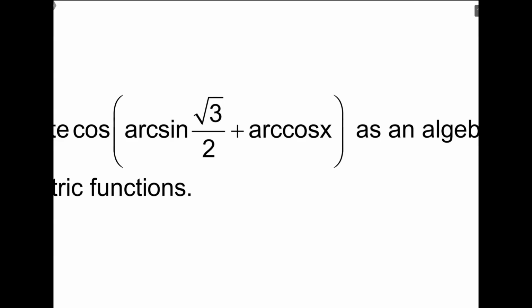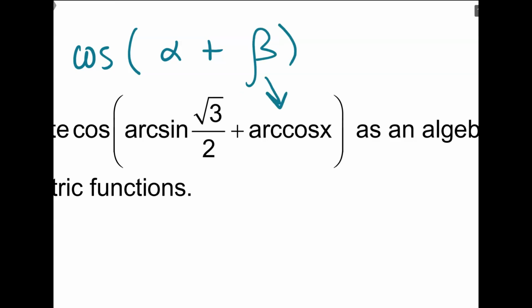Okay, so first thing I see is that I'm taking cosine of a sum. So just remember cosine of alpha plus beta. This is your alpha, this is your beta. Because remember, arc cosine and arc sine are your cosine and sine inverses. They literally will find you a measure of an angle.